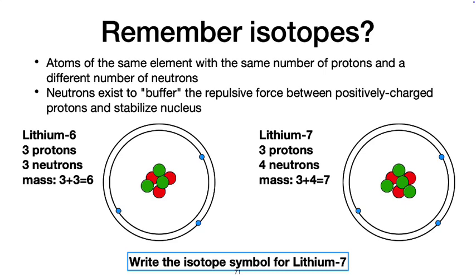This notation written out this way. What does that notation mean? What does it mean when we say lithium? How do you know lithium means 3 protons? True, if we change the protons, we change the identity of the element. How do you know lithium meant 3? Yeah, there it is, the periodic table.